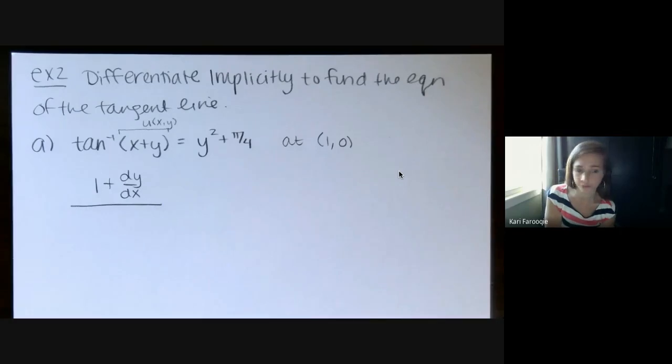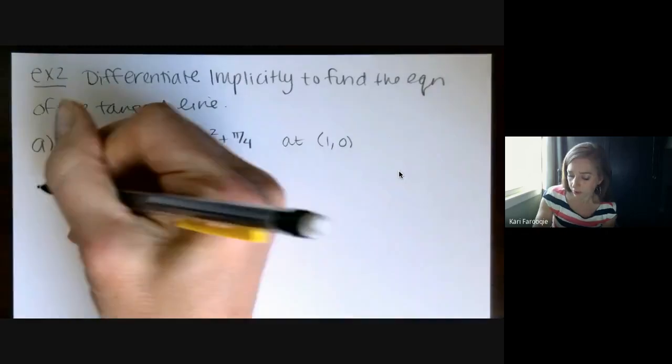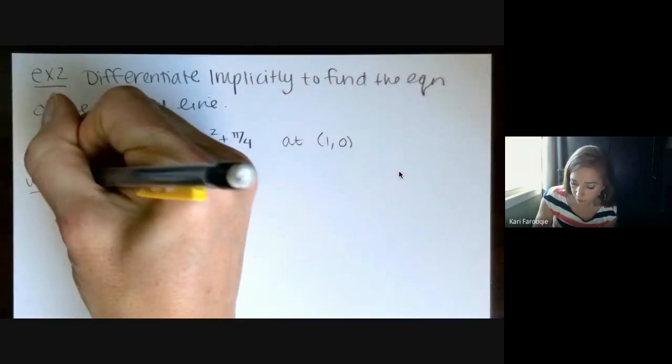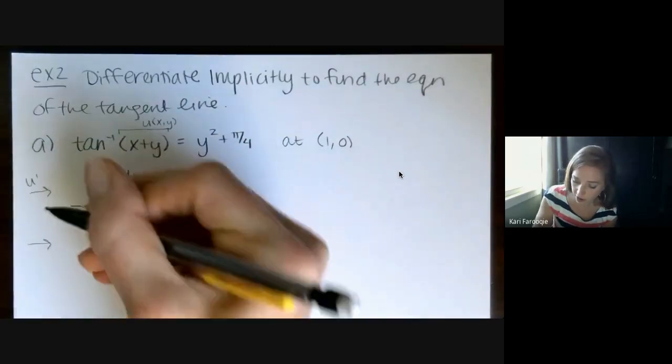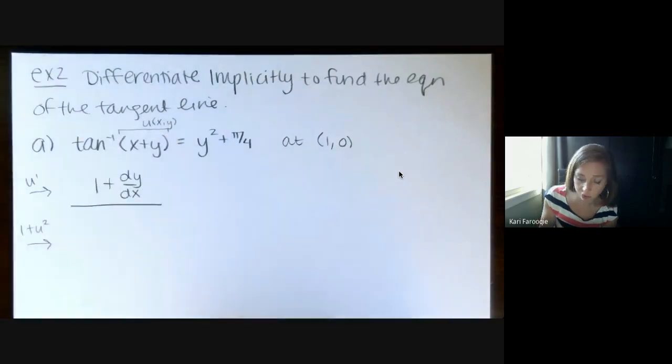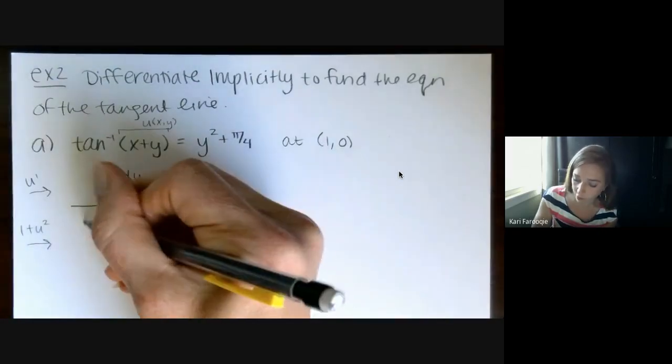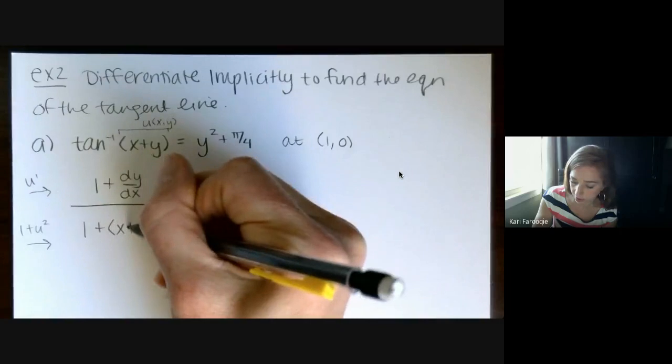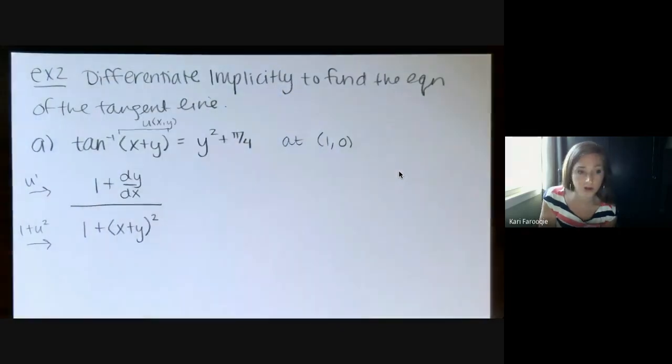So this is new. So this is u prime divided by, and then in the denominator, we'll do the 1 plus u squared. So we'll have 1 plus x plus y quantity squared.